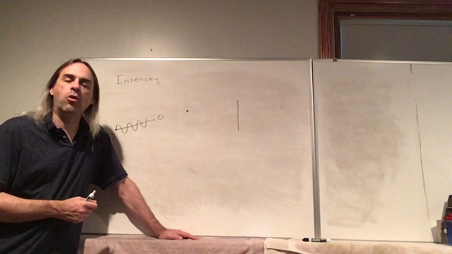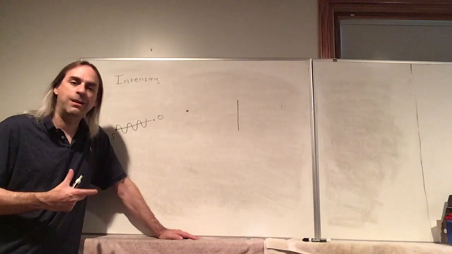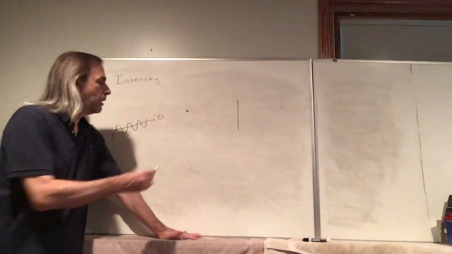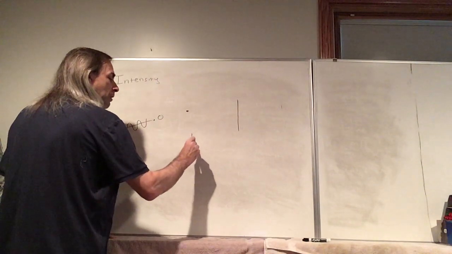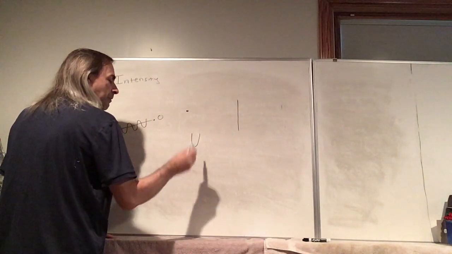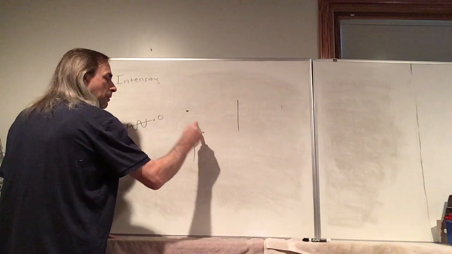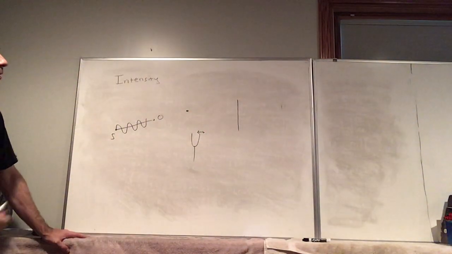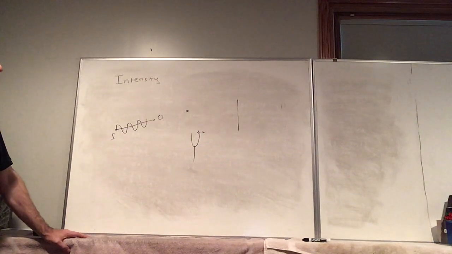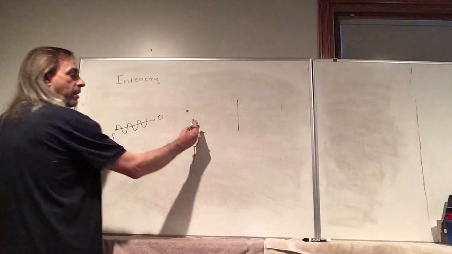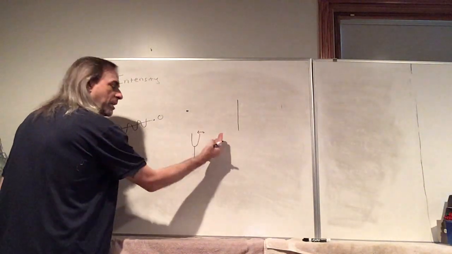A tuning fork is designed to oscillate at a particular frequency. So you have your tuning fork, it looks something like this, and you strike it, and these metal bars just move back and forth. When the bar is moving this way, it's compressing the air.